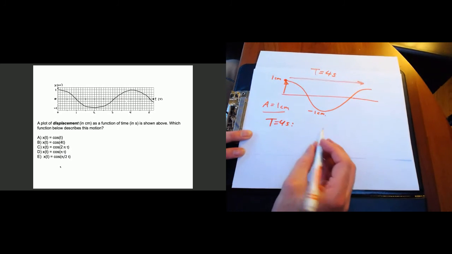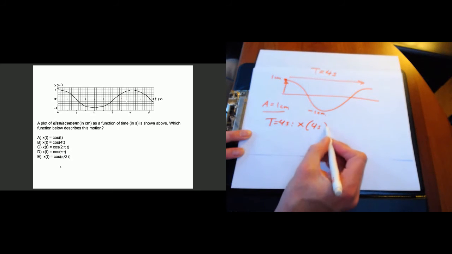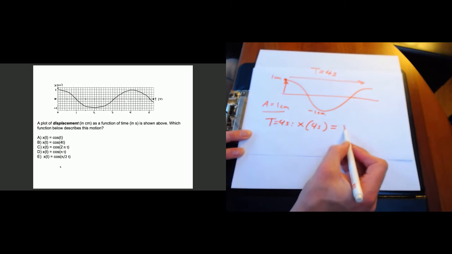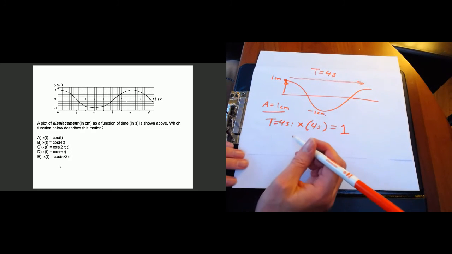And so we should get that x, if you plug in 4 seconds, is equal to 1. And that should be the first time that the cosine goes back to 1 after the time t equals 0. So all of these functions are 1 at time t equals 0. And we're just basically going to look at what is the next time when the function goes back to 1.